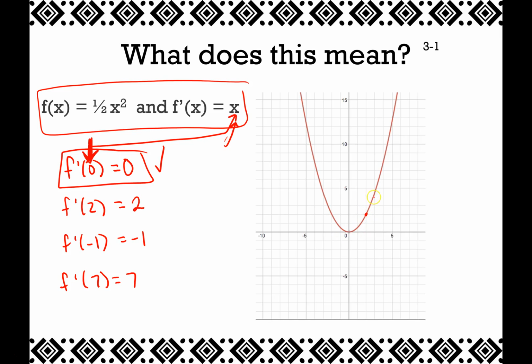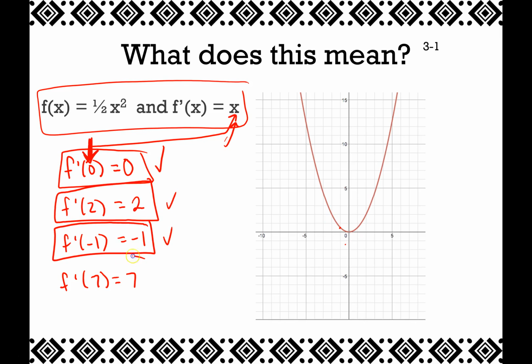So that'll be up 2 over 1, down 2 over 1. Does that look right? It certainly does to me. Let's try another one. What about f prime of -1 equals -1? So that would be right here. What's the slope of that? That would be down 1 over 1, so something like that. So that's got a slope of -1 as well.